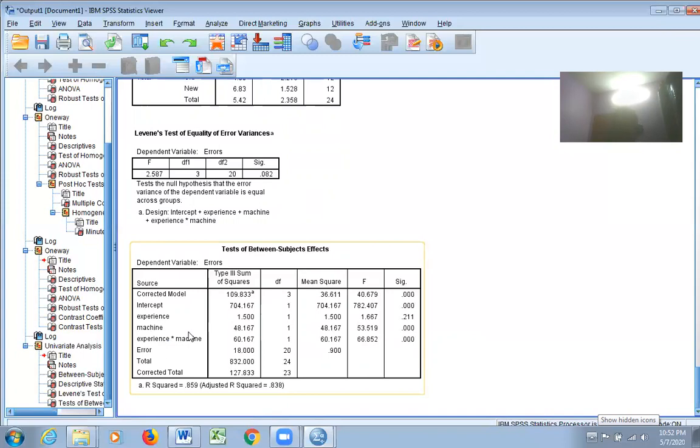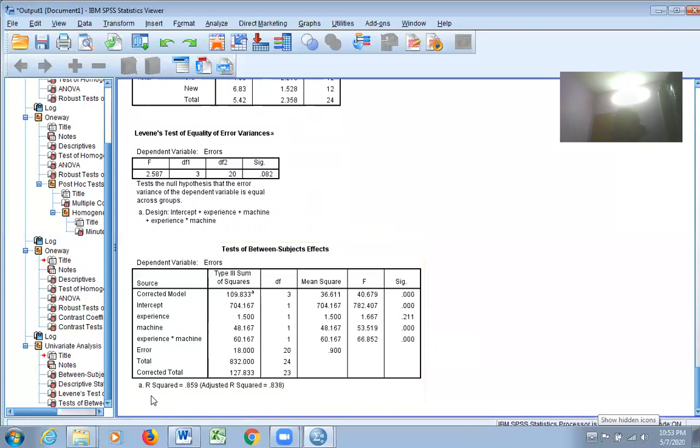Here you can understand that when experience and machine come together, there is a significant impact because the sig value is 0.000. And here the error row denotes the value which cannot be accounted for. We cannot explain it. But our variables, both individually and combined, are able to express this much variability in the data.